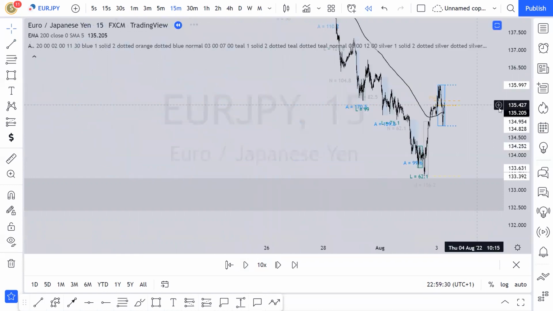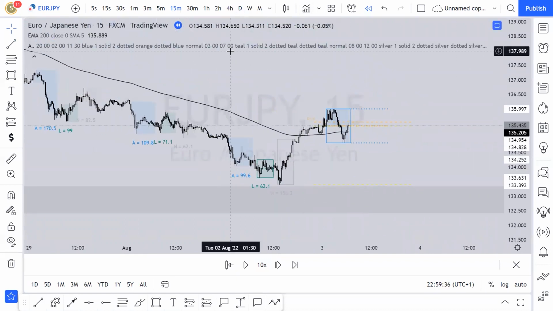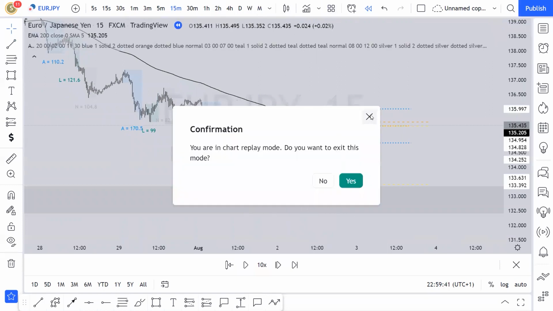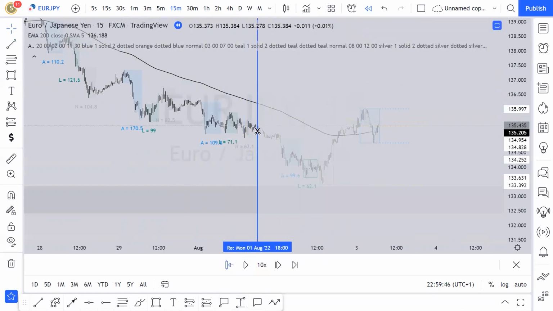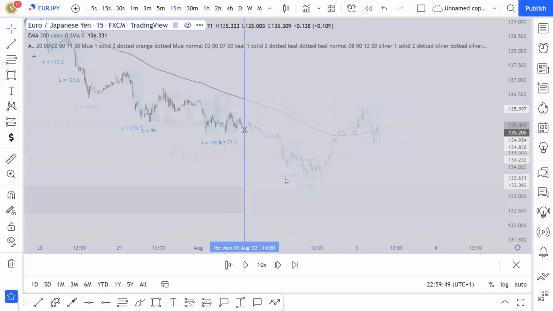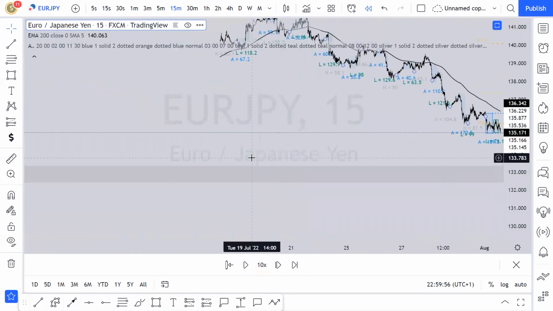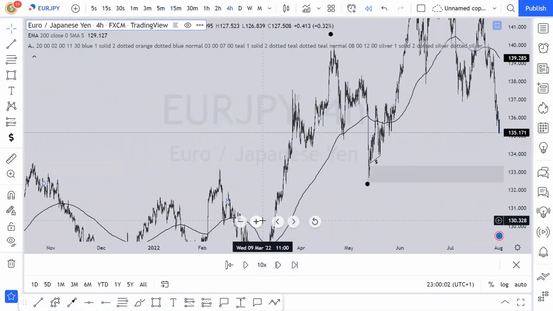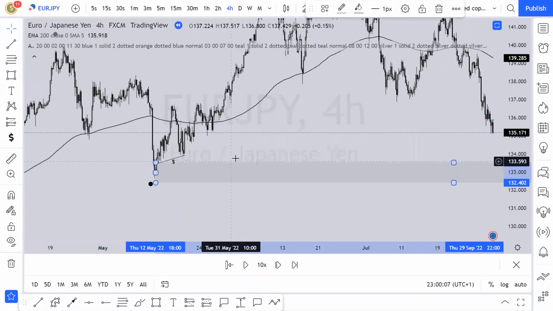So from what I can see, all the areas below this liquidity point is where I'm interested in, just below this low here.